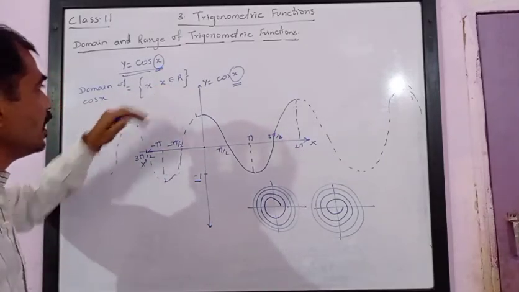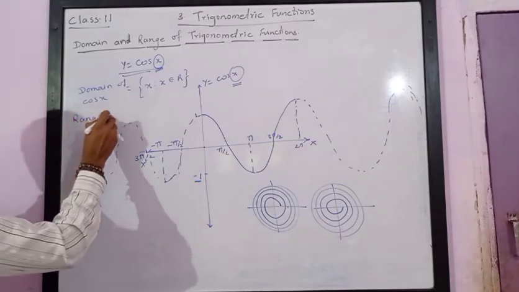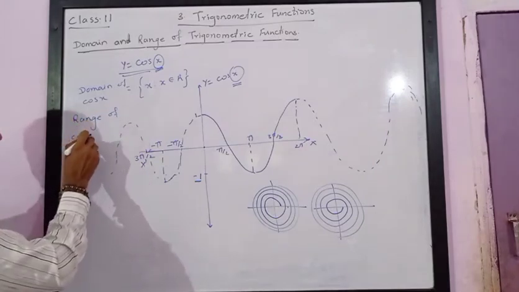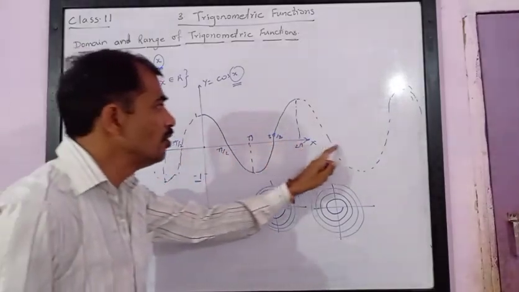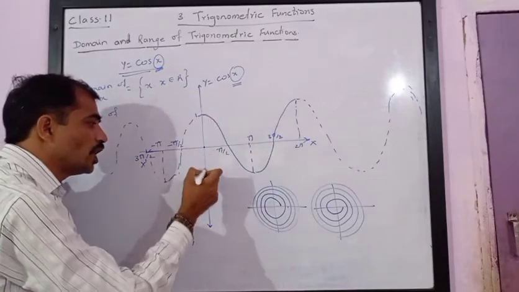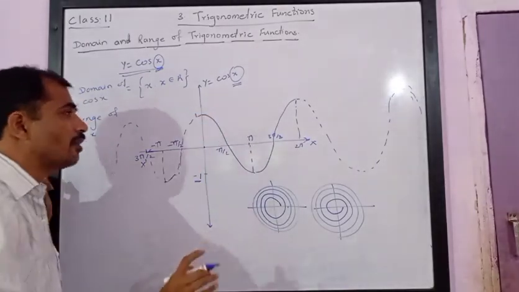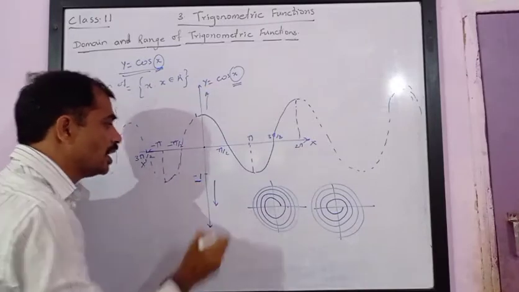Now, next is the range of the cos x function. Range of cos x. Please try to understand. If you increase the angle, you will notice the value of cos x changes from positive 1 to negative 1, and it will never have a value greater than positive 1 or smaller than negative 1.